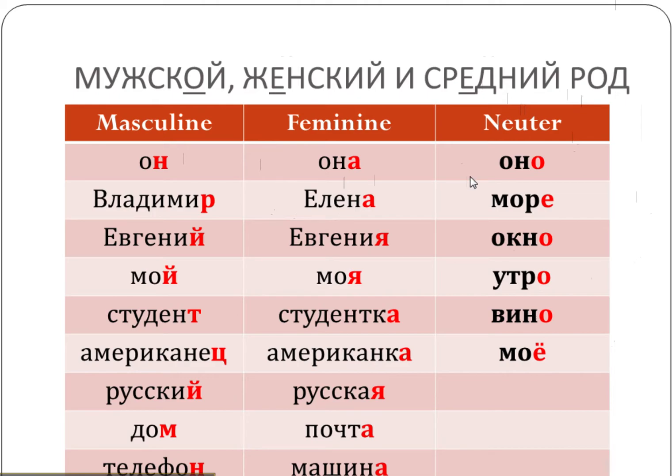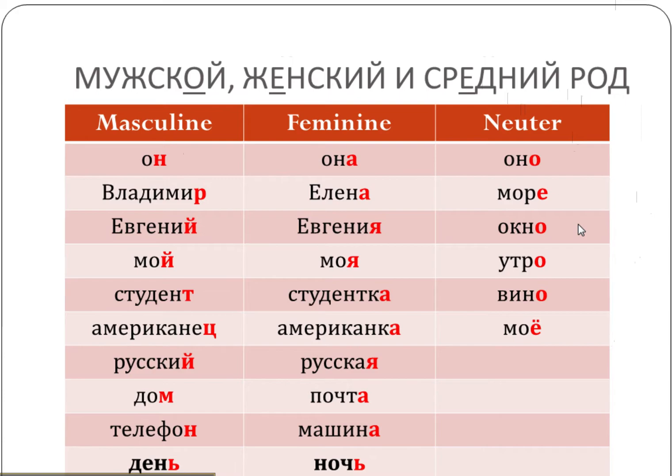Он, она, оно. And we said this is he, this is she, and this is something like it, but not exactly, because when in English you say it, in Russian it can be he, it can be she, or it can be this word.